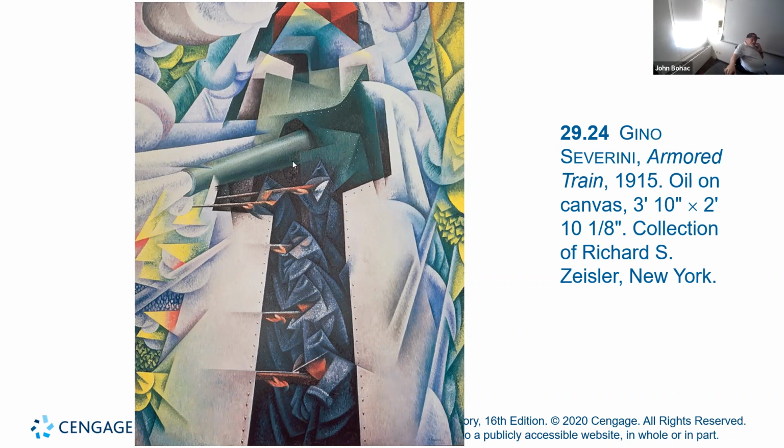And it's got a cannon, and it was painted during the First World War. And you can see the landscape, the trees, the lights, all of this stuff is fragmented. That's a cubist-inspired way to portray this subject matter.